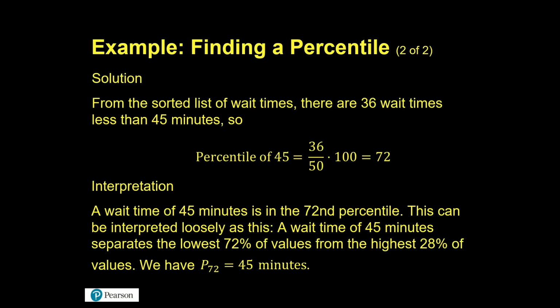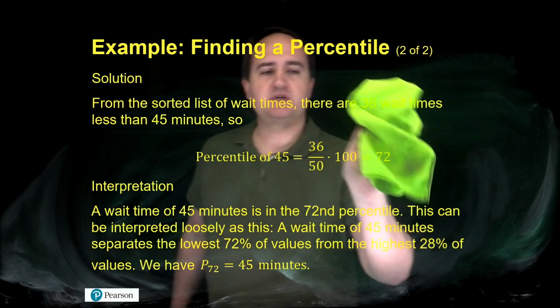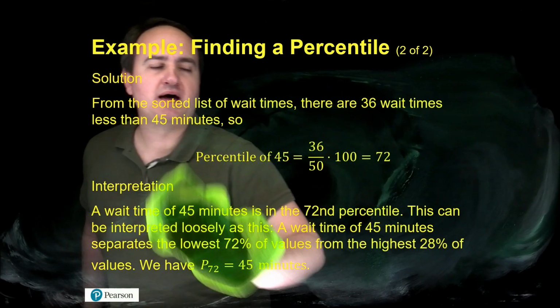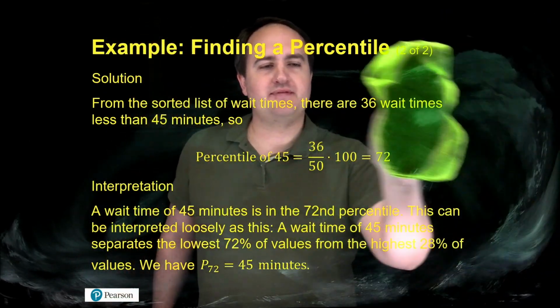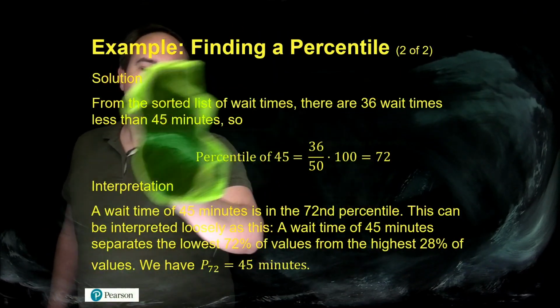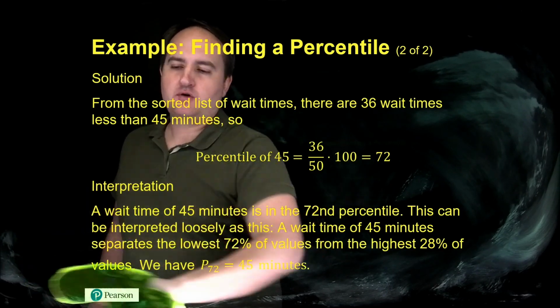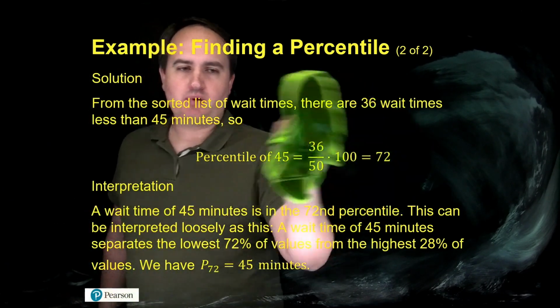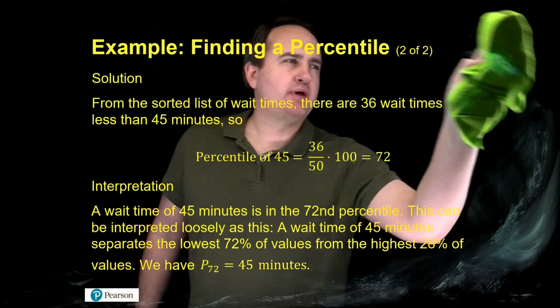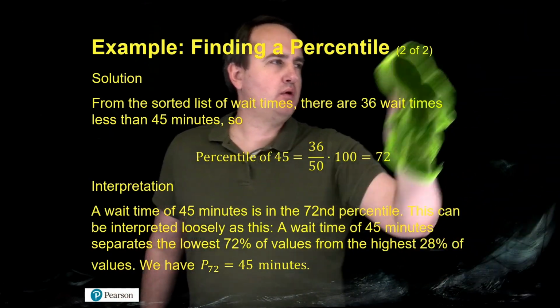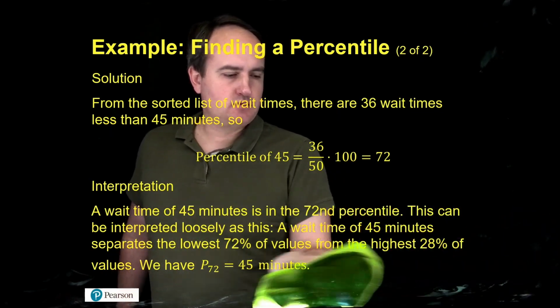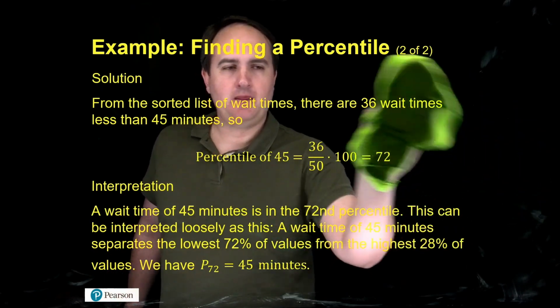This can be interpreted loosely as follows. A wait time of 45 minutes separates the lowest 72% of values from the highest 28% of values. Now, technically, you don't need a lot of that interpretation part for your homework, but it's good to understand what this stuff means and why we're learning it.